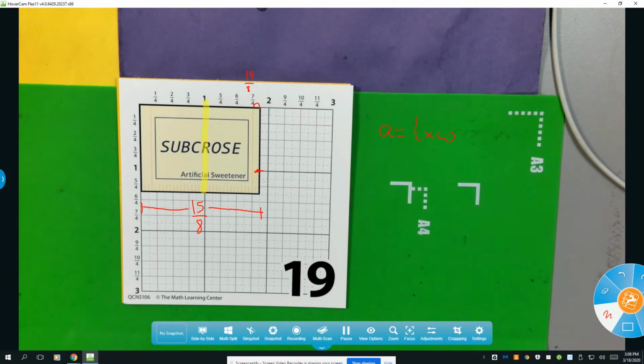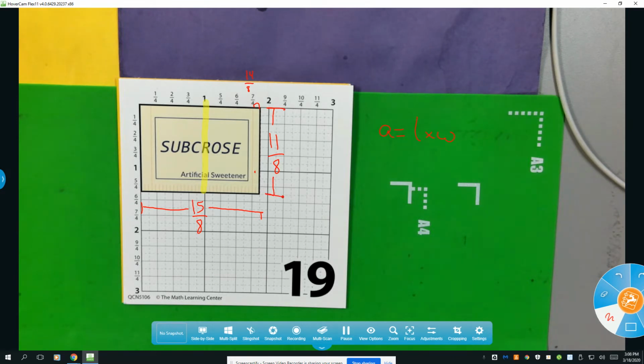So once again, we would have 8/8, and it's not on 5/4, so it's going to be 9/8, 10/8, 11/8. So from that point right here, it's going to be 11/8 from the top all the way to the bottom.